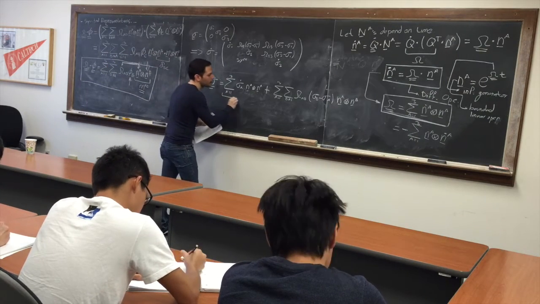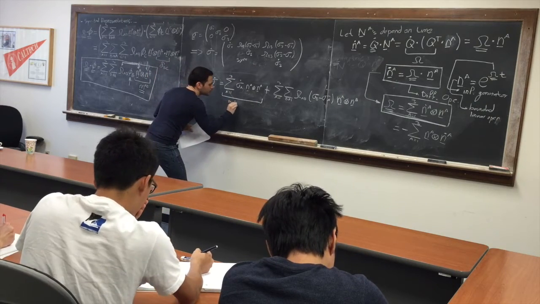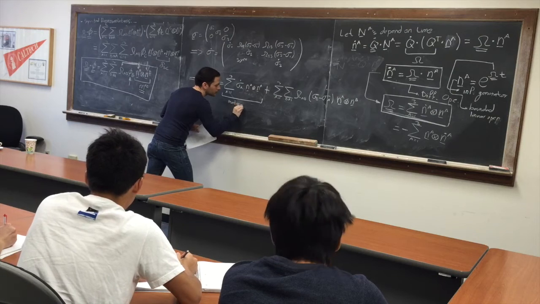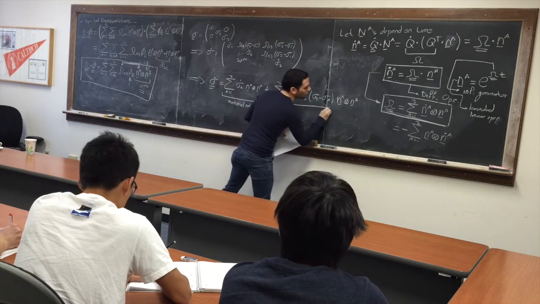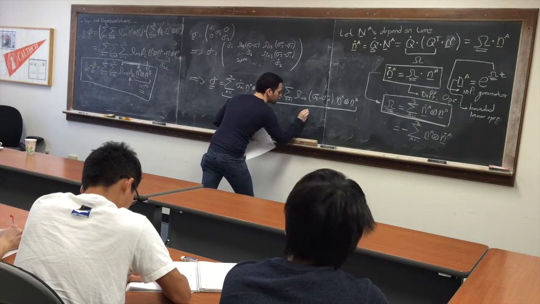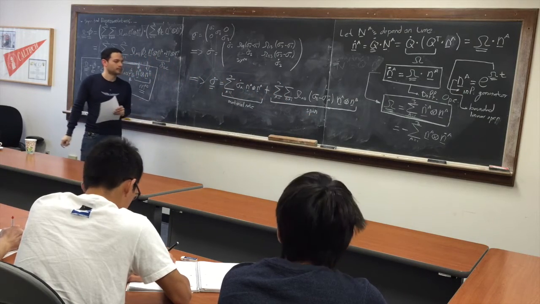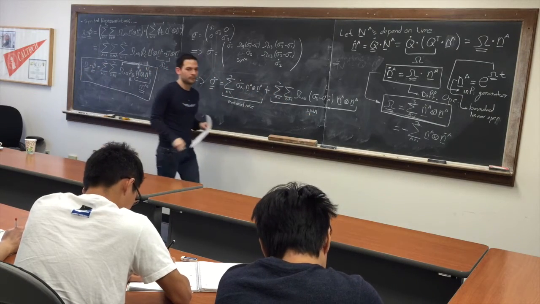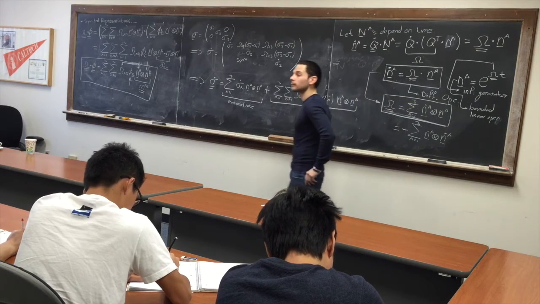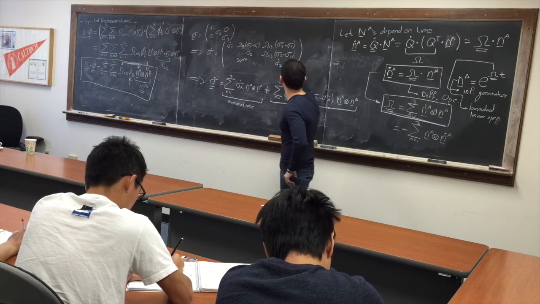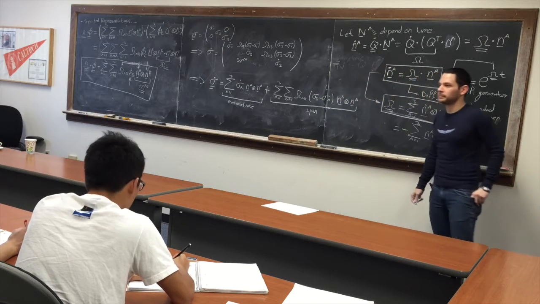Or this is the material rate and this is the spin. Is this sigma 3 minus sigma 2? Minus. Thanks.